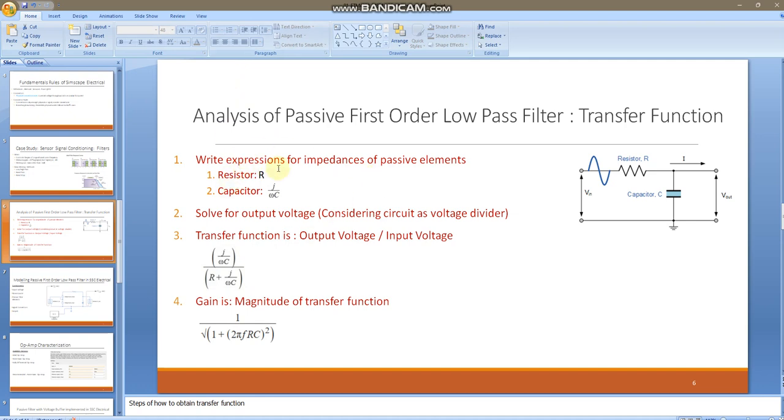So step one is to write down expressions for the impedance of the passive elements, resistor and capacitor. So they can be written down in this manner. And once again, the scope of my lecture is not to remind you how to write down these impedances.